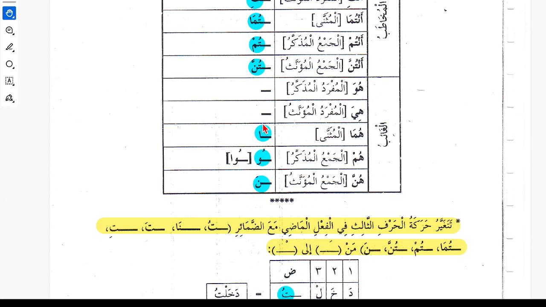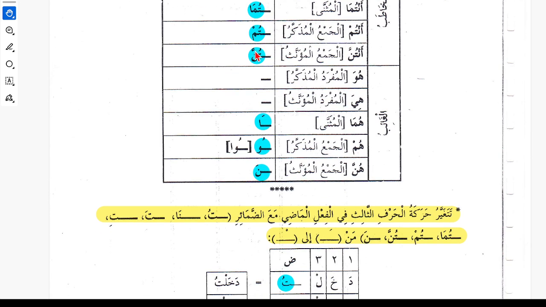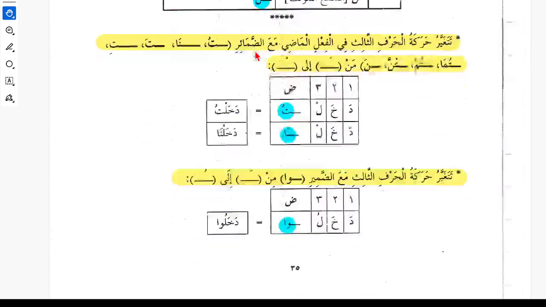Huma dakhala. So in those three cases, the fatha sign of the lam won't change. For hum it will change to dhamma, dakhalu, from fatha to dhamma, and for all other pronouns it will change to sukoon. So this is what it is all about.